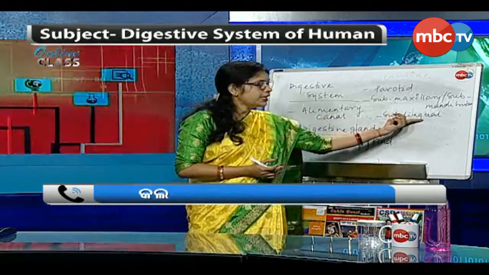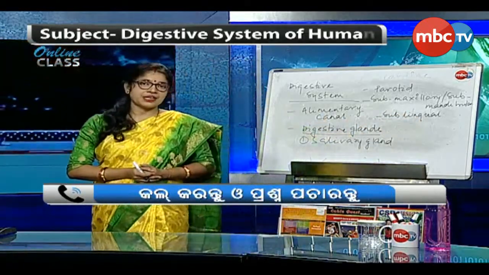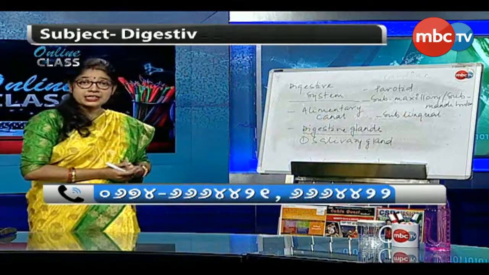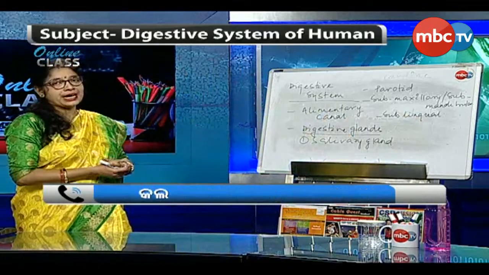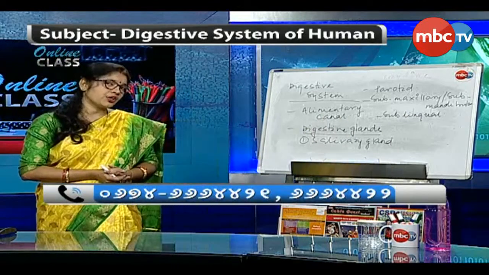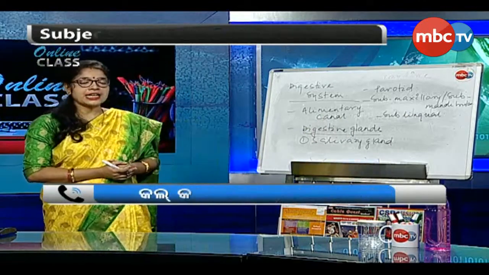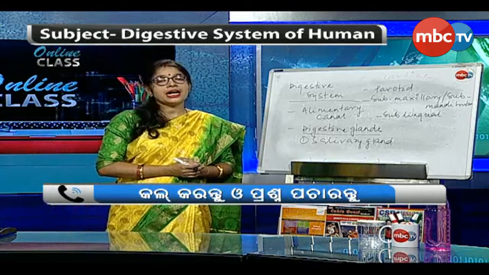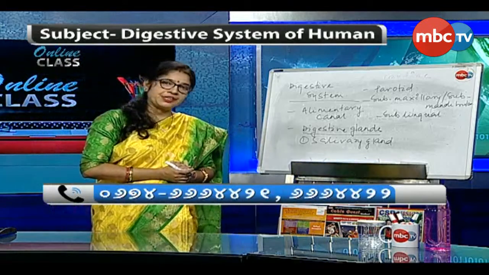And the third one, the sublingual salivary gland. From the name it is clearly understood that the sublingual salivary gland is present below the tongue, and the secretion is carried through another duct, known as duct of Rivinus.